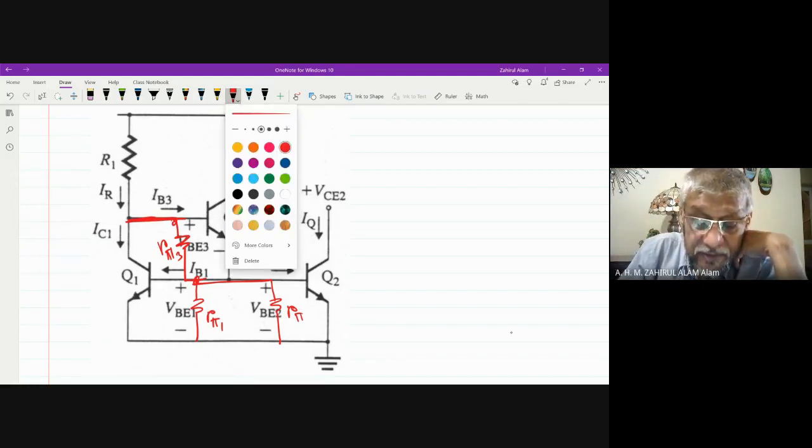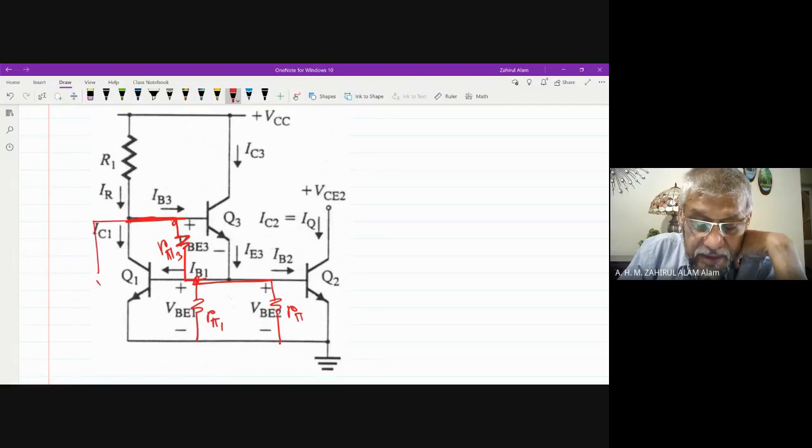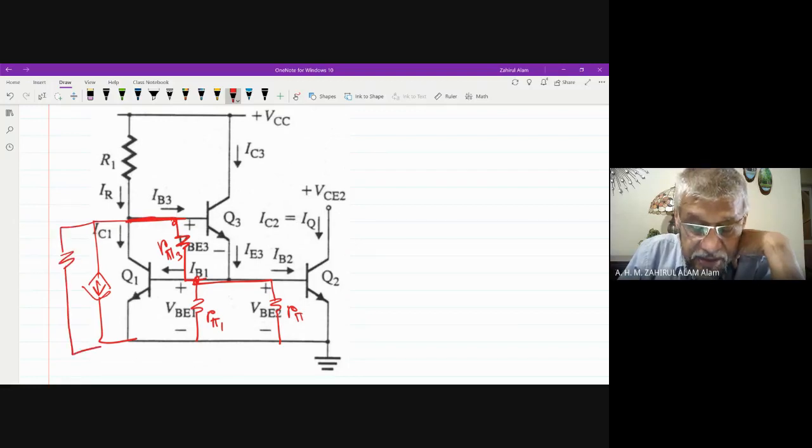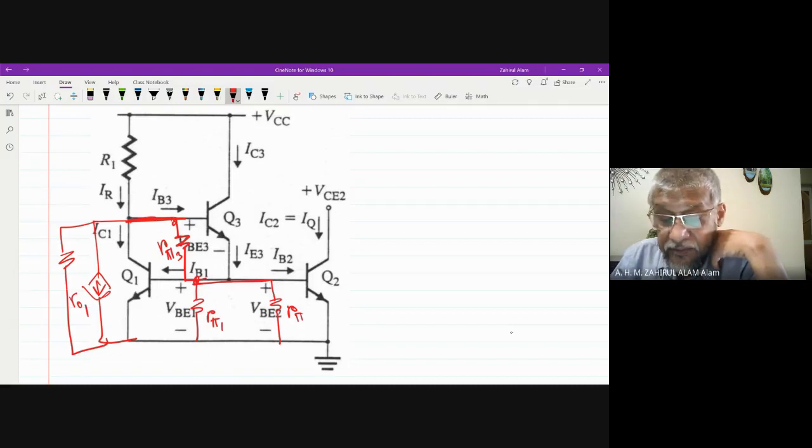Then we have collector to emitter, we have again current source and output resistance. And here we have again current source and output resistance.